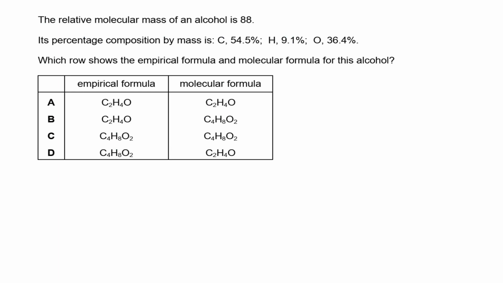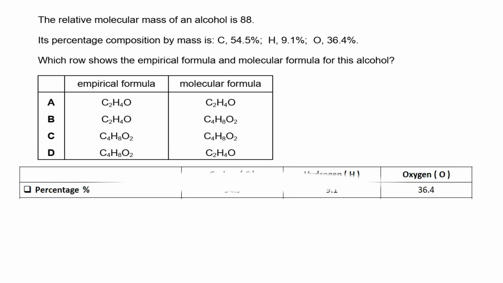To solve this problem, we have several steps. The first step here, to change the percentage composition of the 3 elements into masses. Okay, change into masses. How come? Suppose we have 100%. Okay, replace this percent by mass per gram.